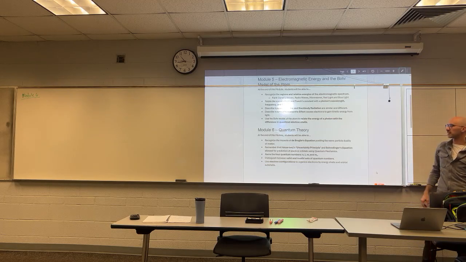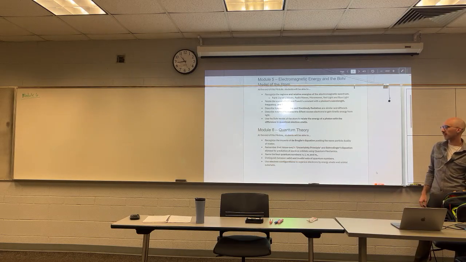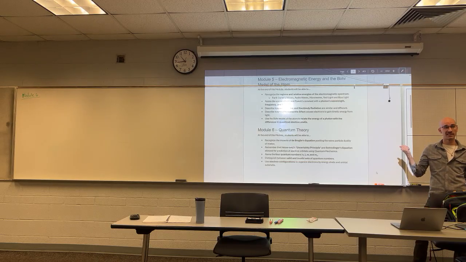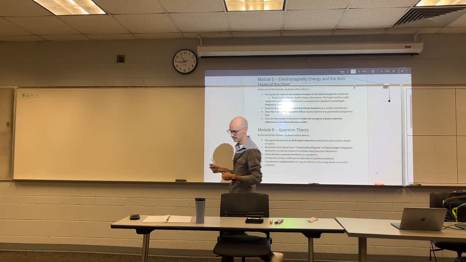Recognize de Broglie's equation, remember the uncertainty principle and Schrodinger's equation, name the 4 quantum numbers, distinguish between valid and invalid sets, and use electron configurations. So that's where we're going. Hopefully, if you've done your pre-reading, you've seen some of those words, and you've got these big question marks that we're going to help erase today. Fingers crossed.